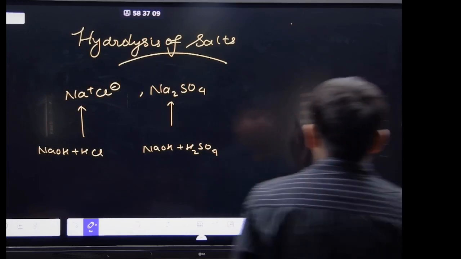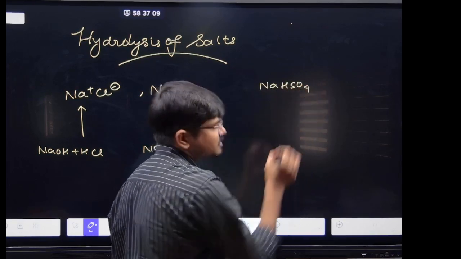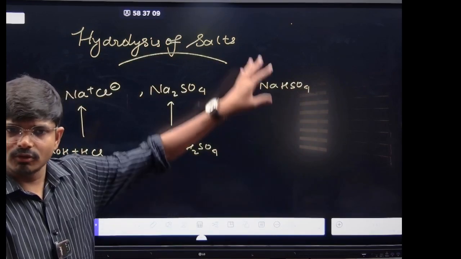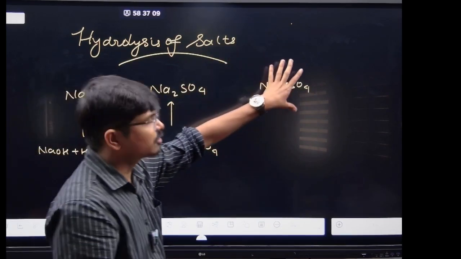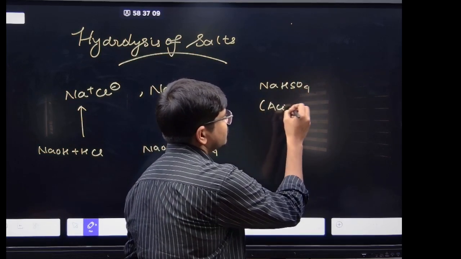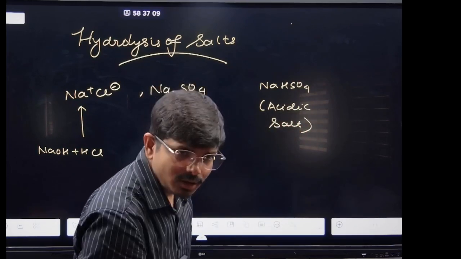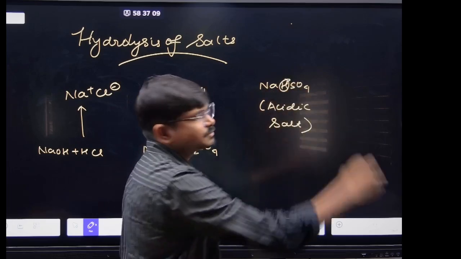Now see here, if I am talking about NaHSO4, again this is also a salt. However, this is your acidic salt. Why is it an acidic salt? Because it can donate H+.